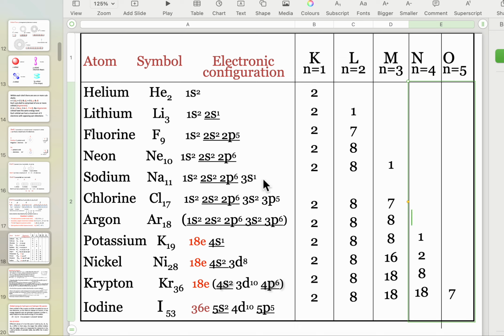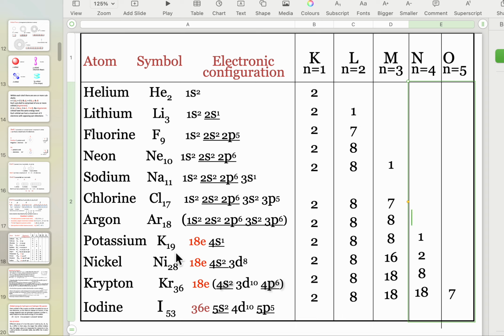We have 2 electrons in the main shell K. We have 2 and 6, which is 8, in n equals 2, because 2 means shell number 2. Shell number 3 is fully occupied, 3s2, 3p6. They are 8 electrons. So here, as you see, we have argon 18. All the orbitals are filled, so it is the next noble gas. They are very stable: the noble gases helium, neon, argon.